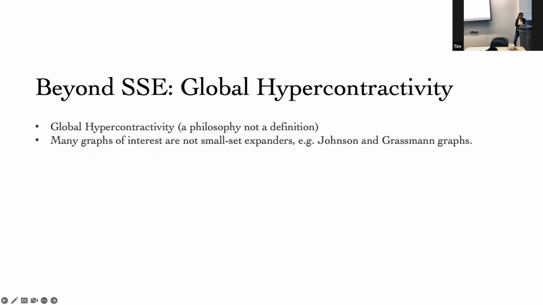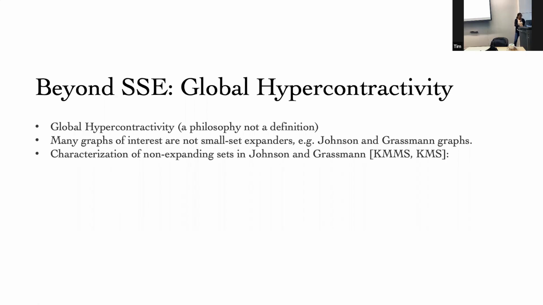And many graphs, such as these Johnson and Grassmann graphs, which are actually very well structured and symmetric, are not small set expanders. And a characterization of the non-expanding sets in these graphs was given by these two works.